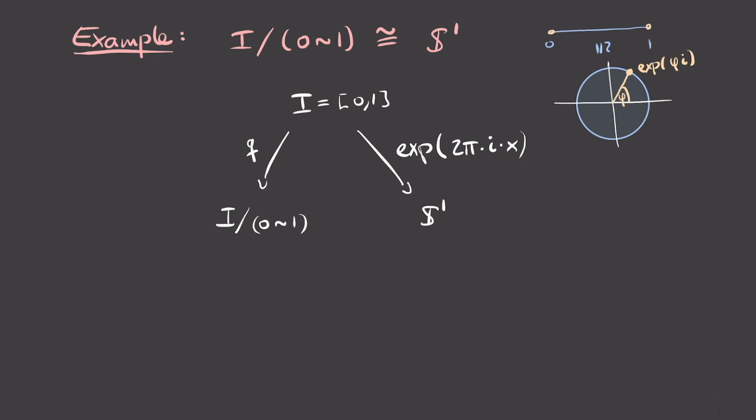Now, if you wanted to prove that this is a quotient map from scratch, the argument would be really involved, because you'd have to prove that a subset of this space S1 is open if and only if the pre-image under this exponential map is open in I. Now, in both cases, I is a subspace of the real line, and S1 we're thinking of as a subspace of the complex plane, so R2.